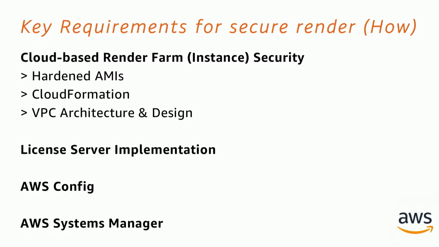CloudFormation is for automating your entire environment. And then pay a lot of attention to VPC architecture and design. There is a lot of literature out there about best practice: should you have one VPC, or should you have three different VPCs, and so on. But at the end of the day, you want to focus on decoupling the VPC.